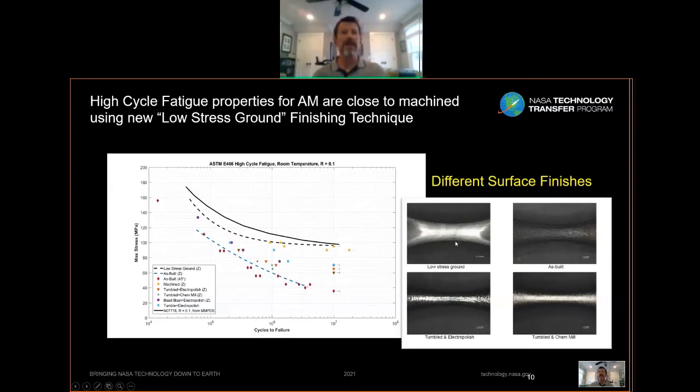And here are pictures of the finish. That's the low stress ground finish. So it's a beautiful finish, and it gives you high cycle fatigue properties, basically at high cycles, which is where you're interested, almost exactly the same as you would get from our material manual for machined parts.